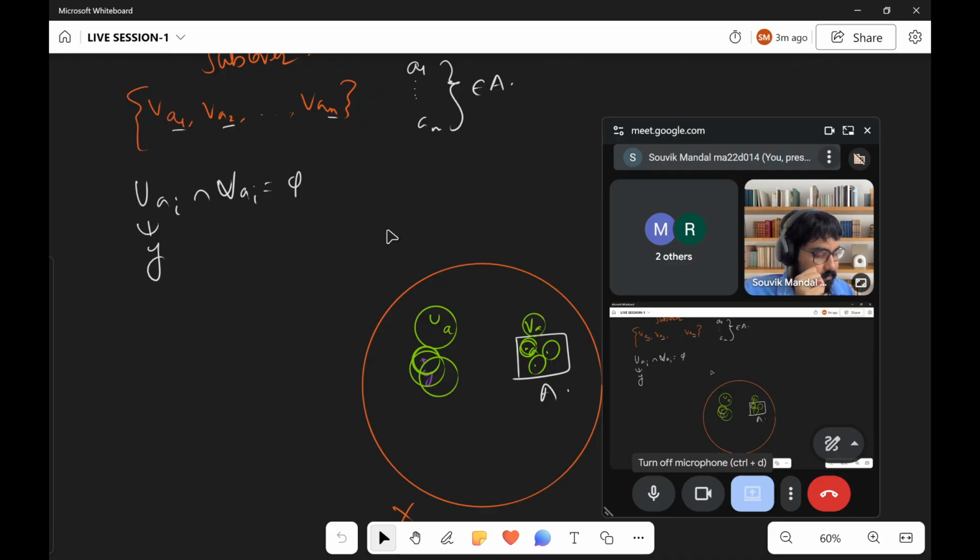We take a neighborhood of Y and subtract it from the intersection of the cover of A. But we already have some neighborhood UAI around Y for each AI, correct? Yes. So use these things to create an open set around Y which lies entirely outside of capital A.